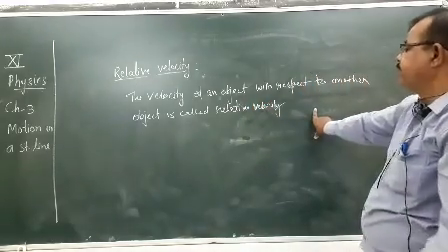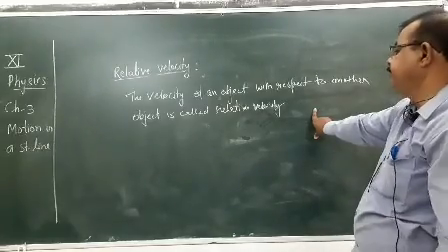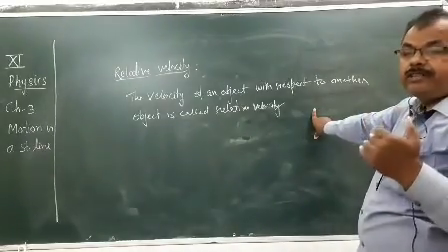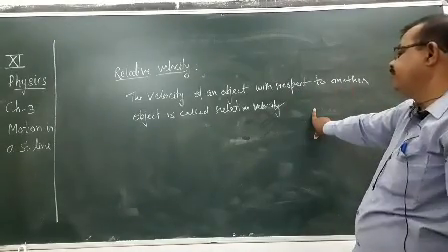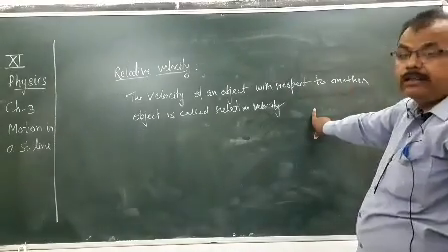Okay. So, this is the relative velocity. When we calculate the velocity of any object with respect to any other object, then it is called relative velocity.